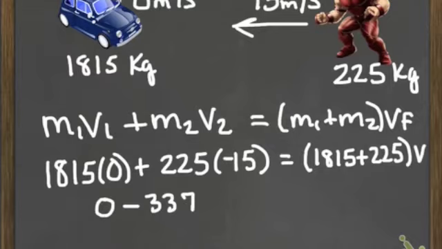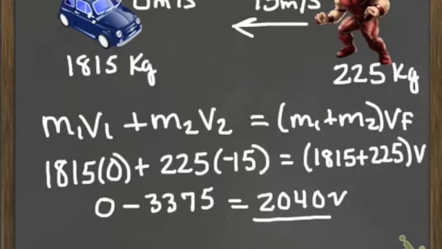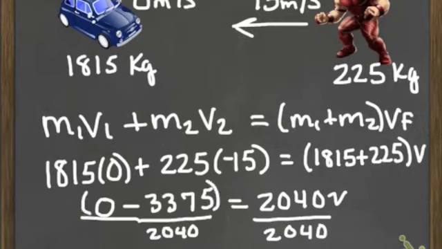So that's going to equal 0 minus 3375, which is going to equal 2040, my total mass at the end, times the velocity. So let's divide through and solve. That gives me a final velocity of negative 1.65.